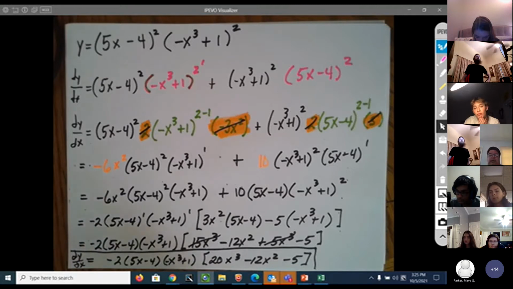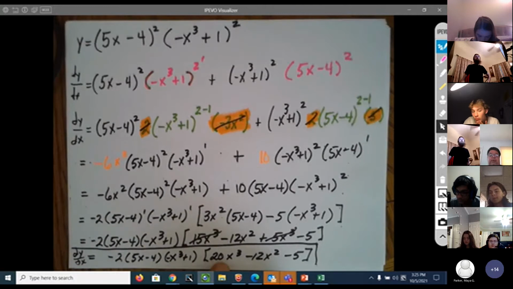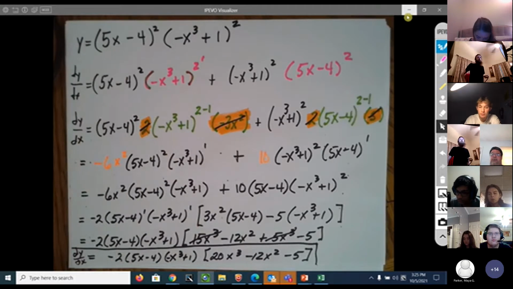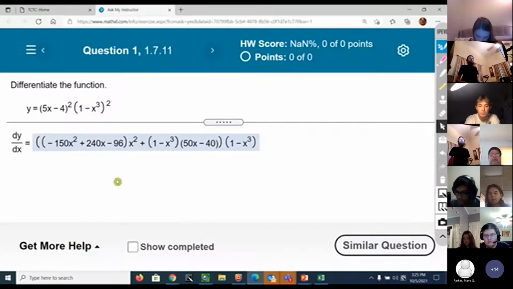All right, so let's look at the answer. I think since it's 20x cubed, since it is positive, I wouldn't mess with this. But knowing them, they probably make it a negative just for giggles. So let's see what the answer is. Is this the answer?